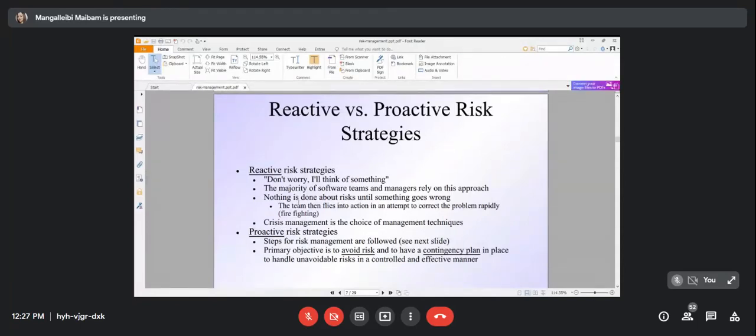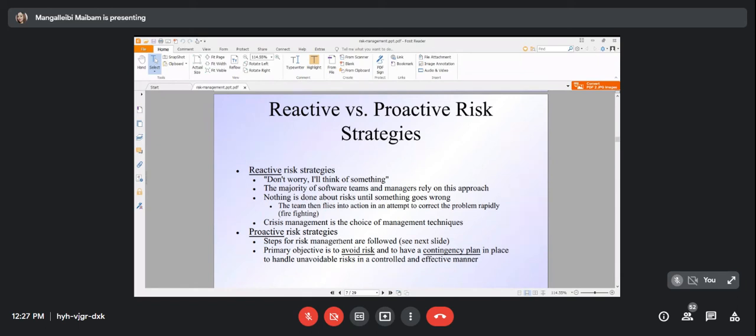So reactive risk strategies and proactive risk strategies. You can just go through them.